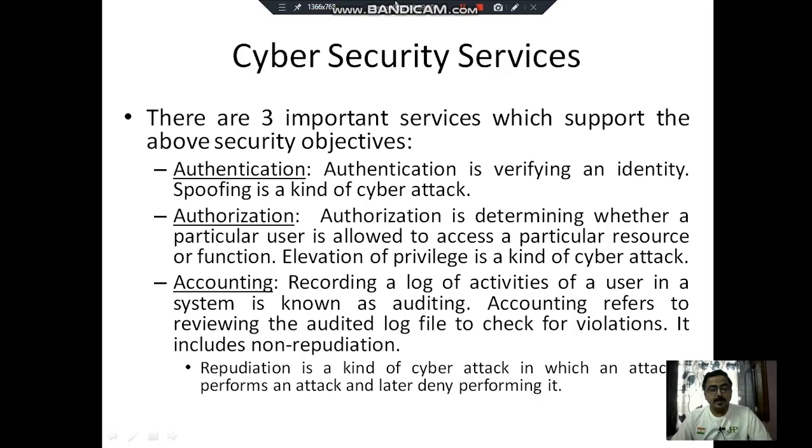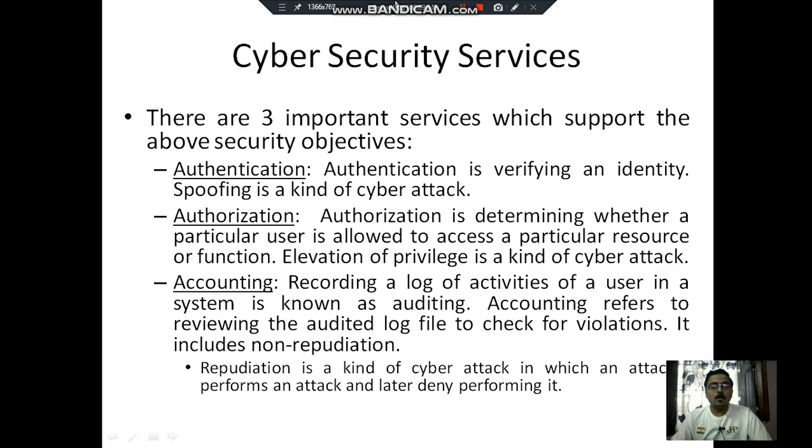What does it mean? Repudiation is a kind of cyber attack in which an attacker performs an attack and later on denies performing it. So with the help of recording log activities, we can confirm that this illegal activity was done by that user on that day and at that particular time.